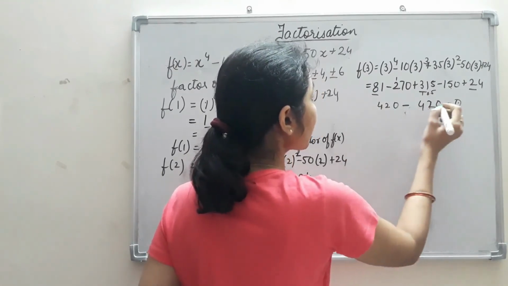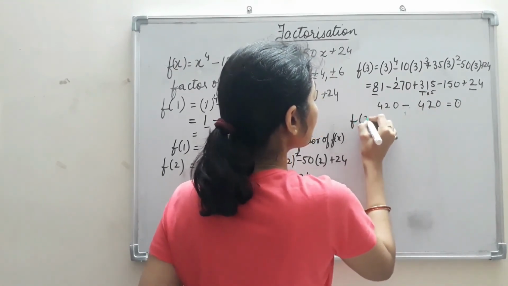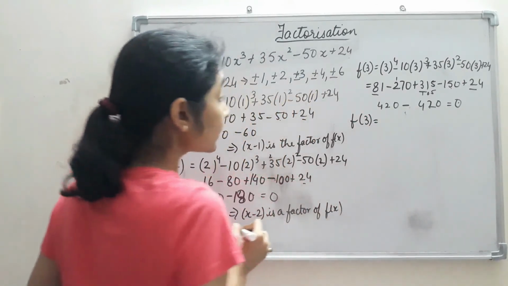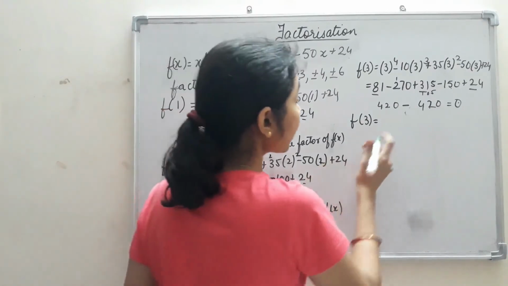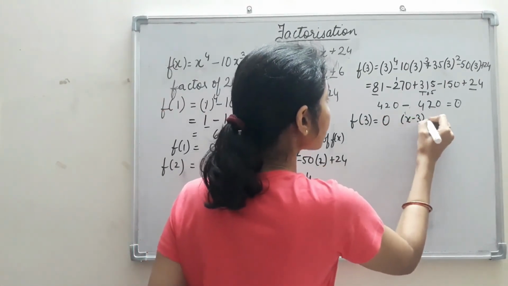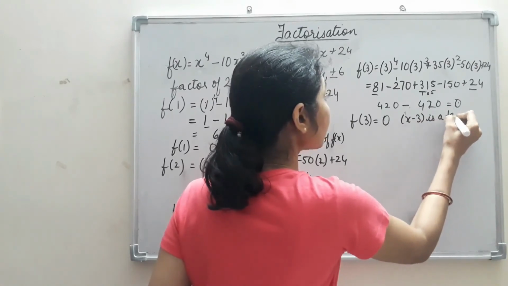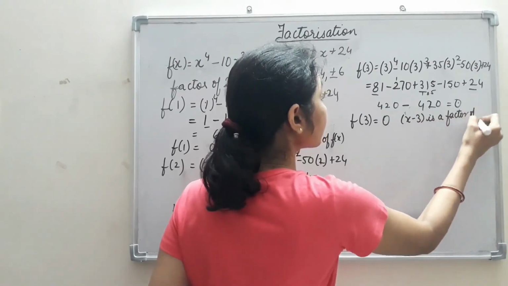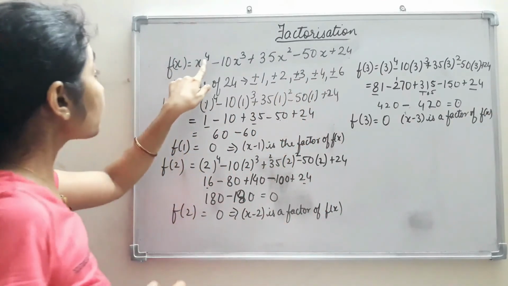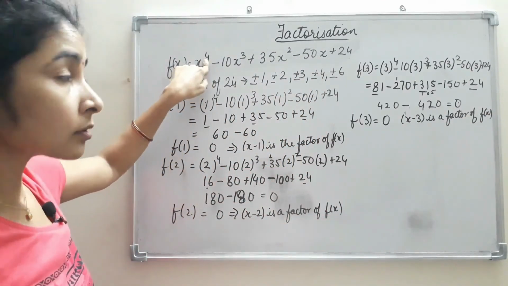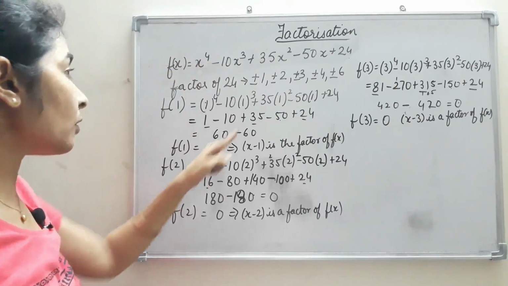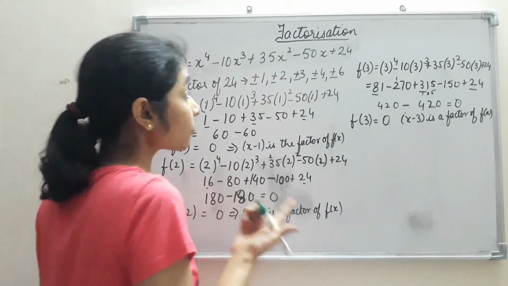This implies now f(3) is also equal to 0. So here f(3) is equal to 0. This implies that again x minus 3 is also a factor of f(x). Okay, now since the power here is 4, that means we will have 4 factors. 1 we have already got, second we have got, third we have got. Now let us try with 4 also.